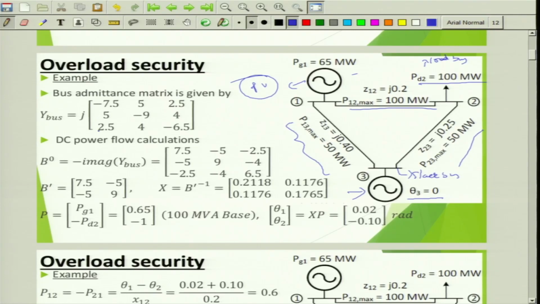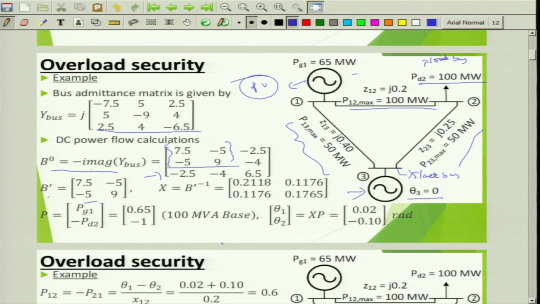Then you get a bus admittance matrix for this specific network. And then we are interested in DC power flow calculations. Obtain B naught, that is minus of the imaginary part of this Y admittance matrix. So, you get this matrix. What is B dash? B dash is only this term: 7.5, minus 5, minus 5, 9.